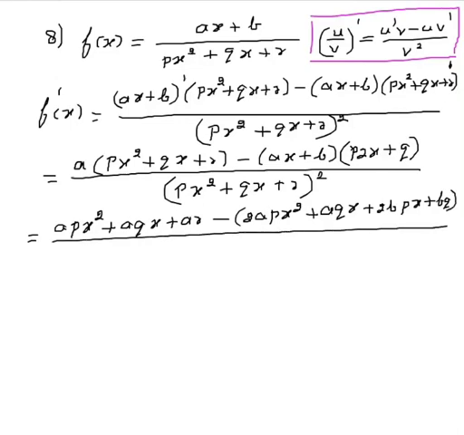Use brackets. You have minus sign outside. It has to be distributed. And the denominator is px square plus qx plus r the whole square.